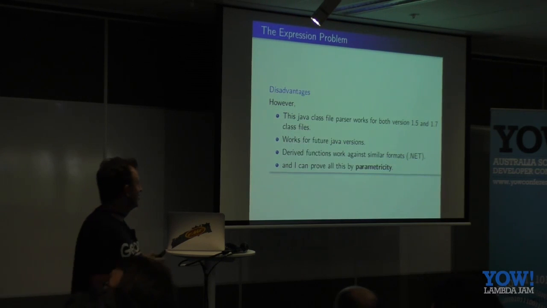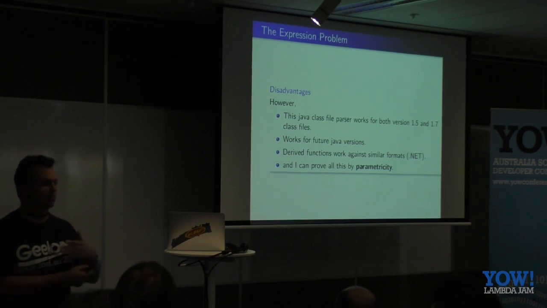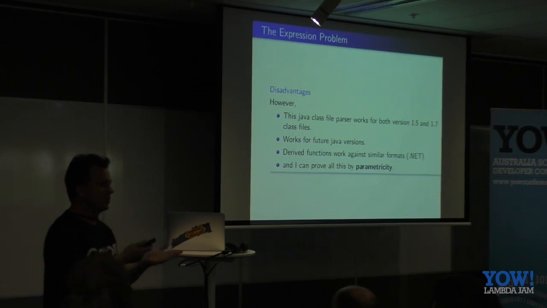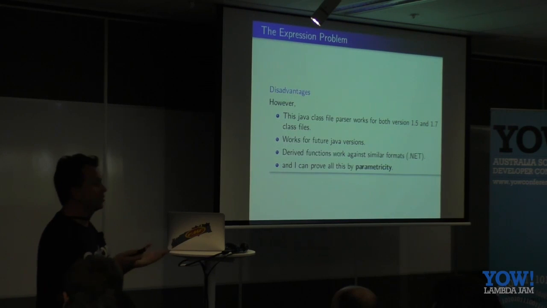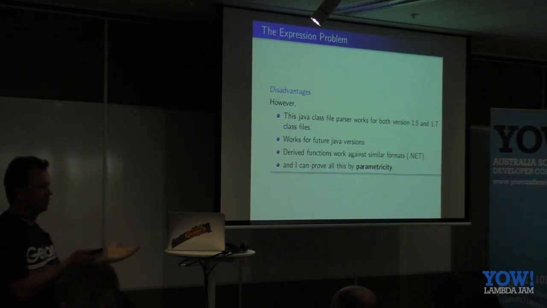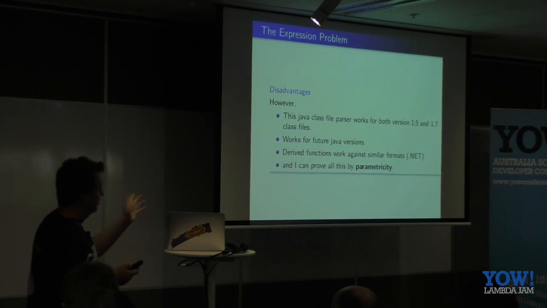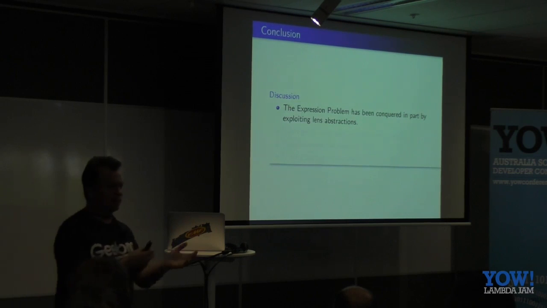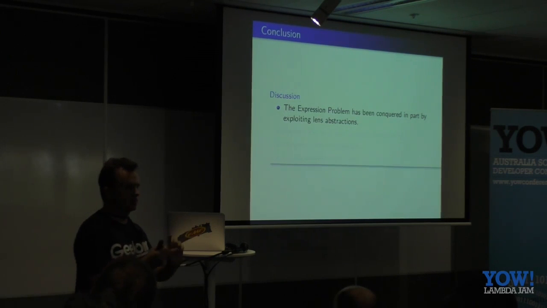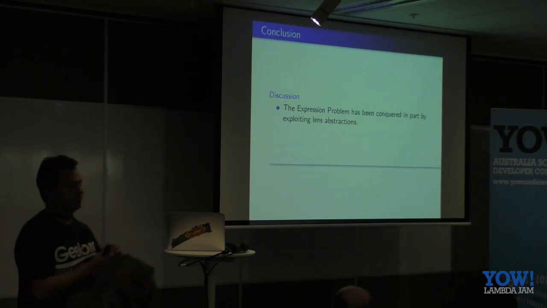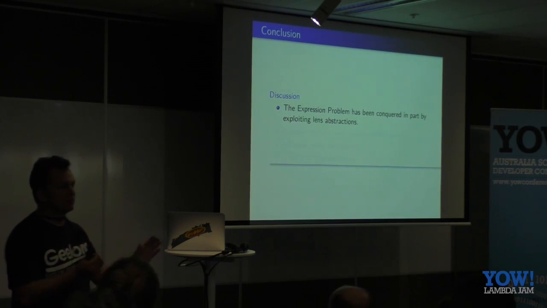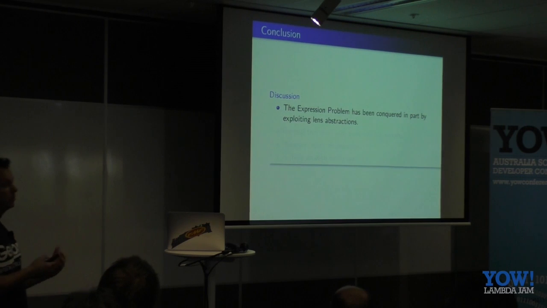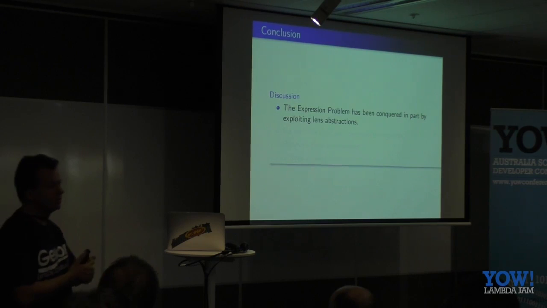And I have parametricity, so I can just look at the types, and by virtue of the fact that they don't mention the Java format, I know that they will work against those future things and alternative things. It is my opinion that the expression problem, that is, I can write functions that reference data types without referencing them in their types and have those functions still work, has been conquered in part with this technique.